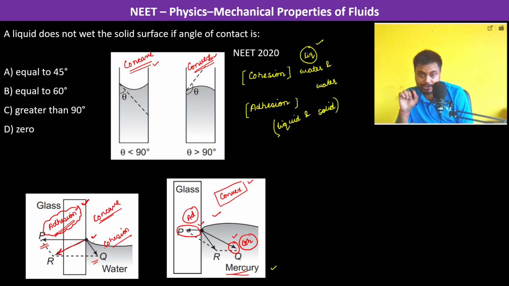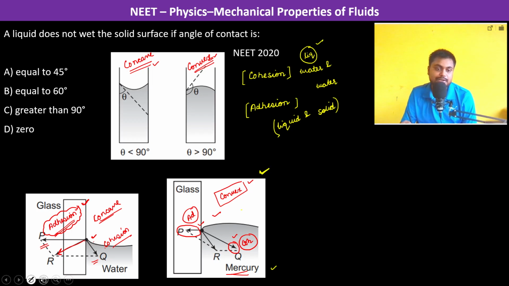This happens when the force of cohesion is more than the force of adhesion, so the liquid does not wet the solid surface. It will wet the solid surface when the solid surface attracts it more. It will not wet if it attracts less, and therefore the case will be the second one.